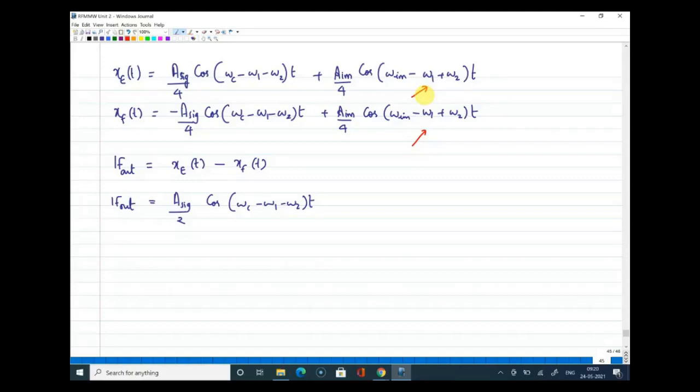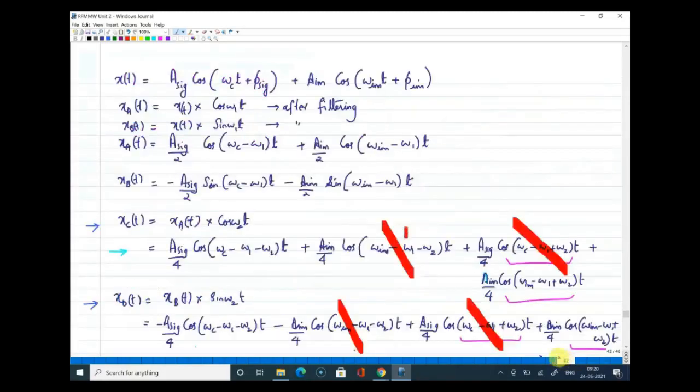Yeah, just a second. Okay, C and D. Yeah, I understood. Maybe you guys are telling, instead of removing this, we should remove this component?